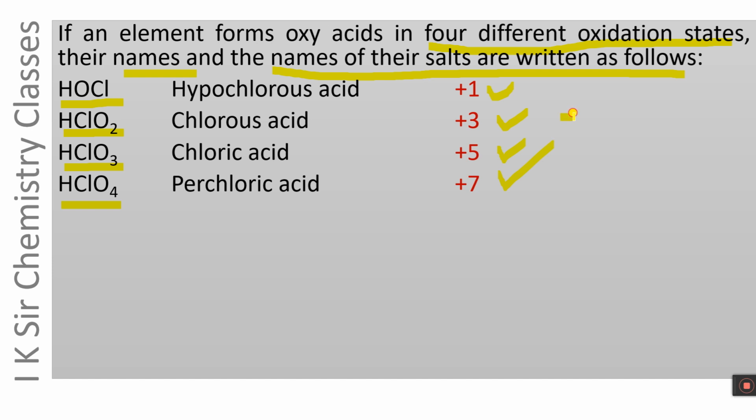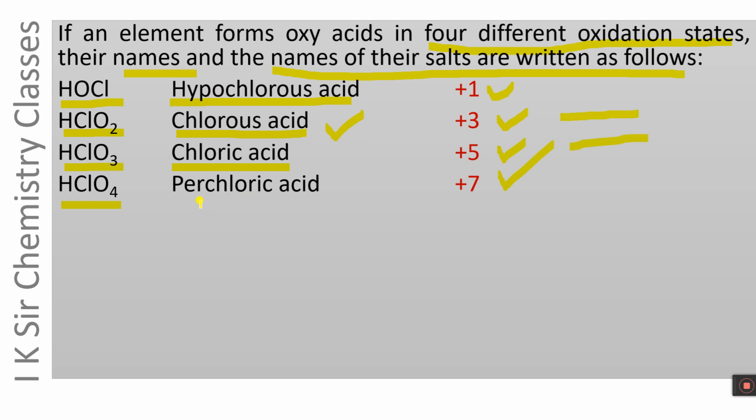They are named chlorous acid, chloric acid, and the oxyacid of chlorine having an oxidation state even lower than chlorous acid is hypochlorous acid.